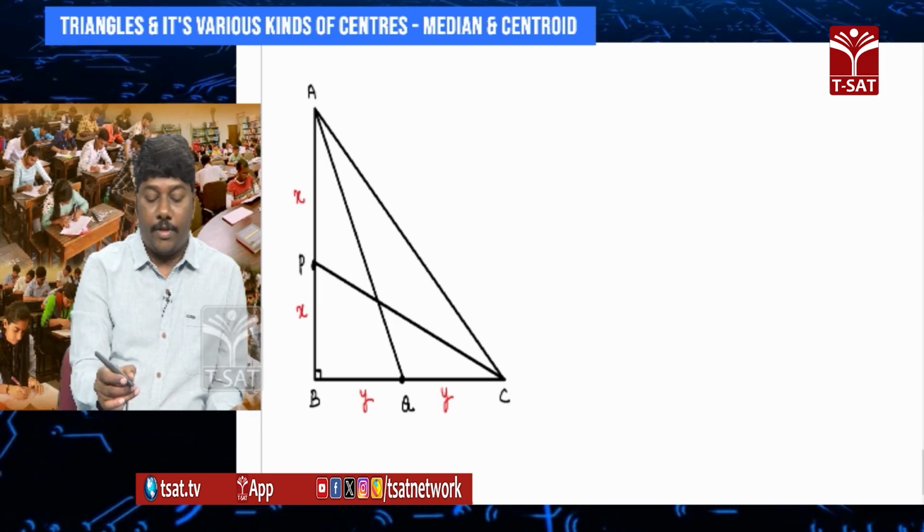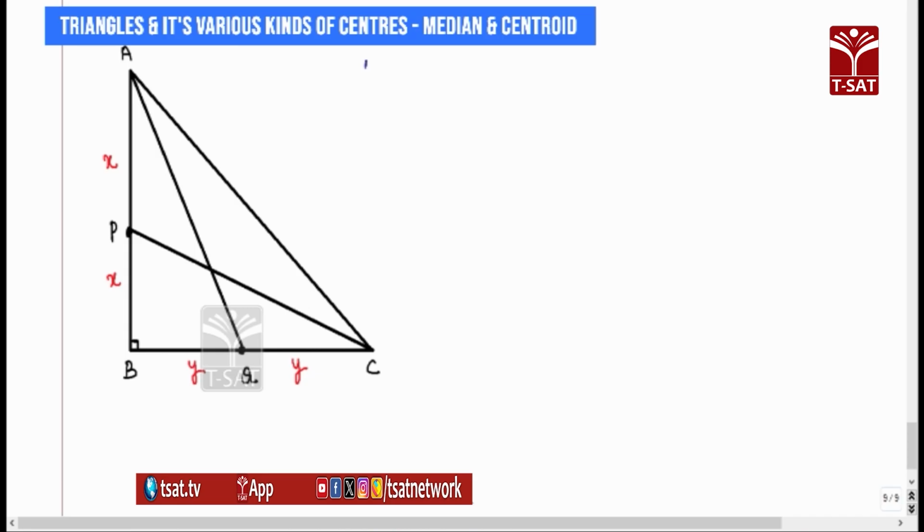First, AQ square is equal to, we know 2x whole square, which is 4x square, plus y square. Median PC square is equal to x square plus 4y square.